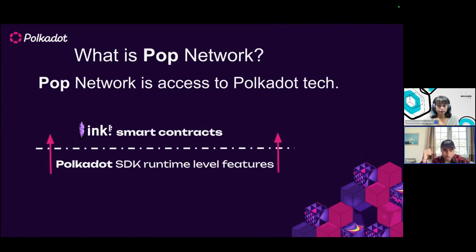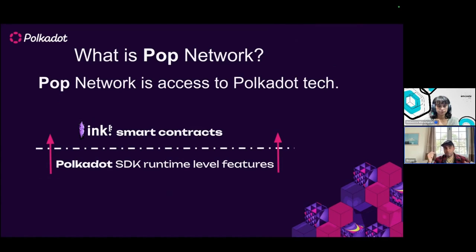So if I'm building a parachain, I can say, okay, in my parachain's runtime, I want the assets pallet. I want the NFTs pallet. I want all these pallets that are available in FRAME, in Substrate, which is inside the Polkadot SDK. And you can piece these pallets together, kind of like Lego building blocks, to create your parachain's runtime. So then you have a powerful blockchain with all this customized logic.